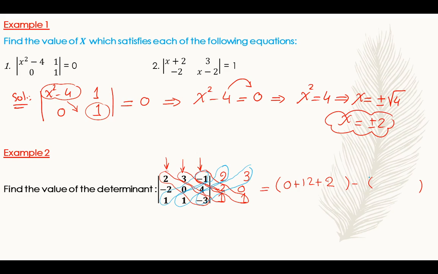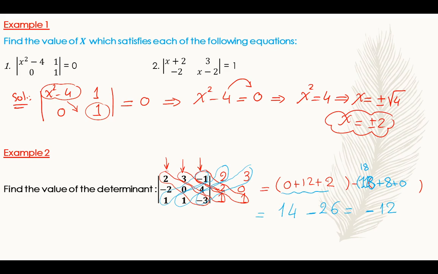Negative 6 times negative 3 equals 18. 2 times 4 times 1 equals 8. And the last one, negative 1 times 0 times 1, equals 0. So the sum of the first bracket is 14, minus, here we have 18 plus 8 equals 26. So it will be 14 minus 26. So the result will be equal to negative 12.